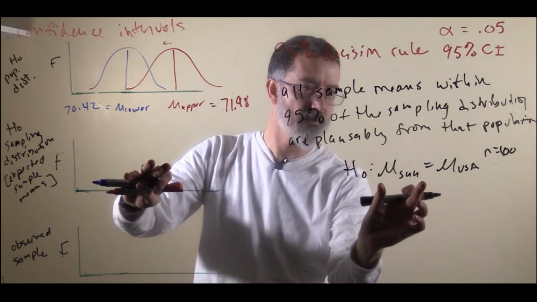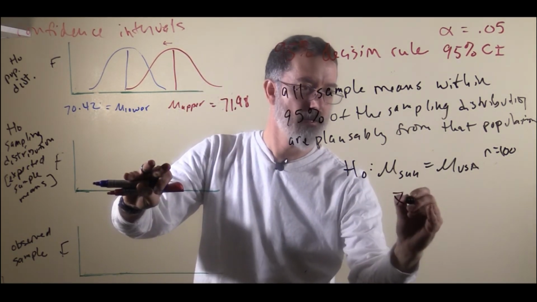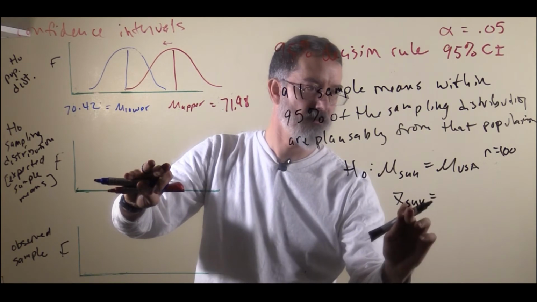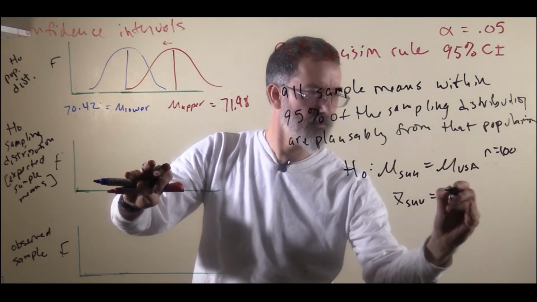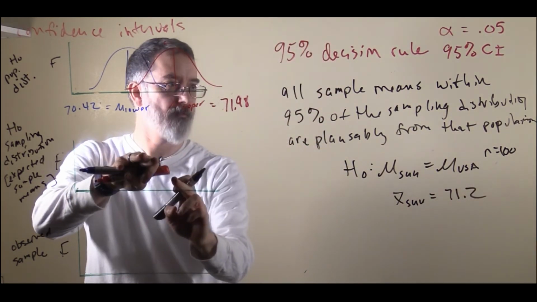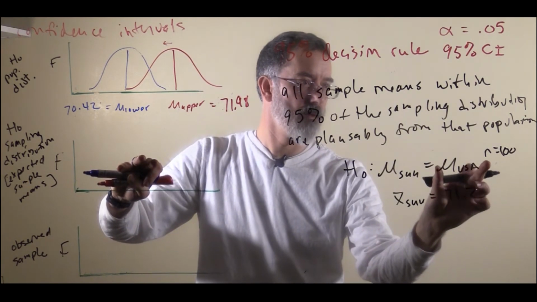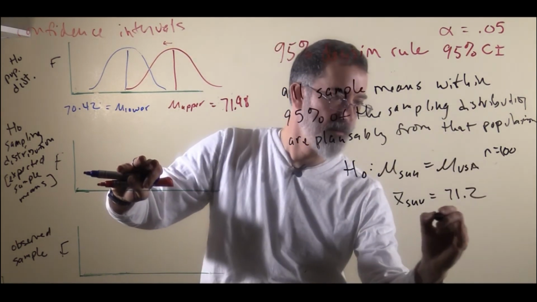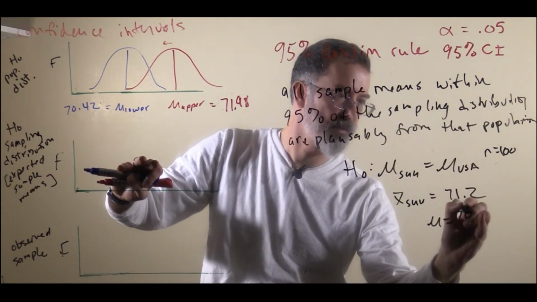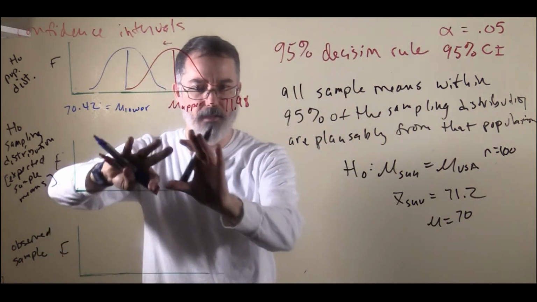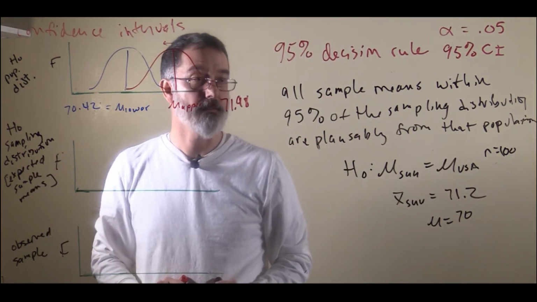Then we figure out if the observed sample mean of SUU men, 71.2, is a plausible value for a population mean of 70. And if it's not, then we reject the null hypothesis.